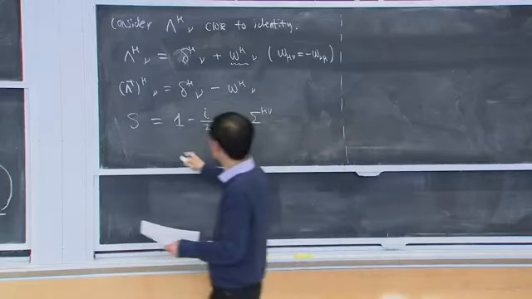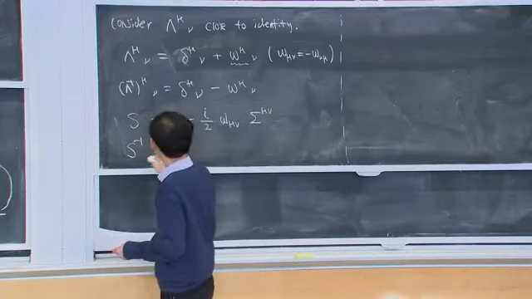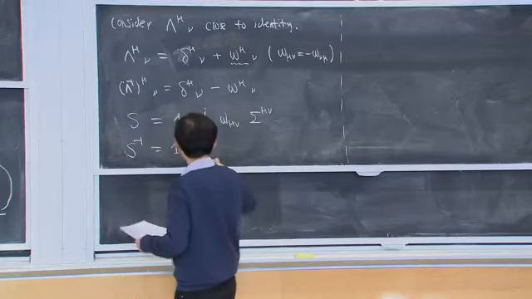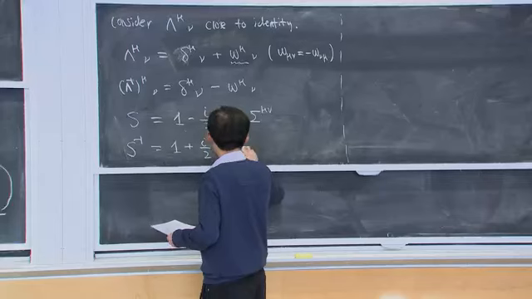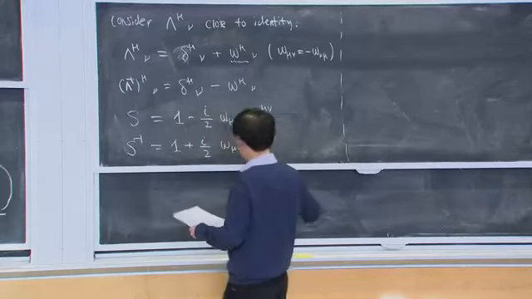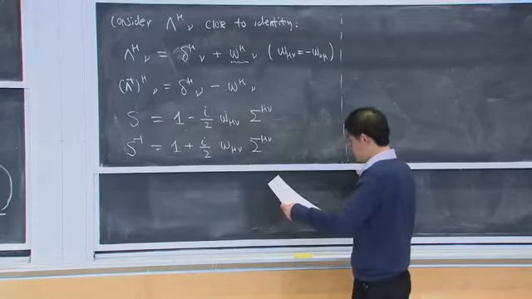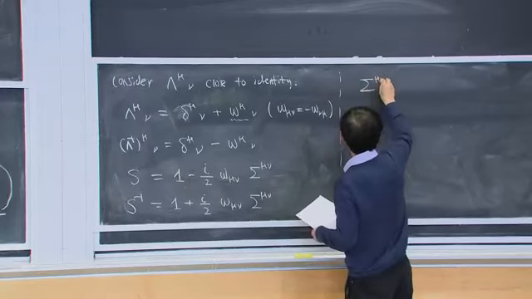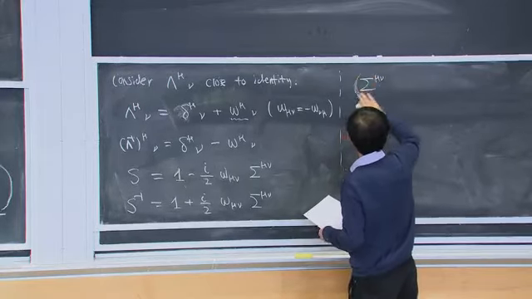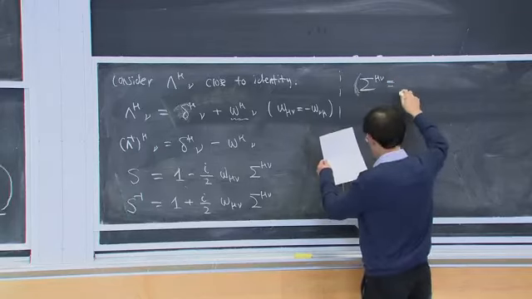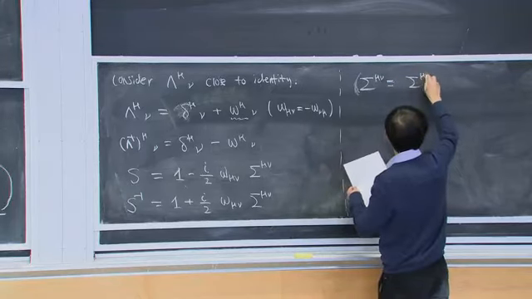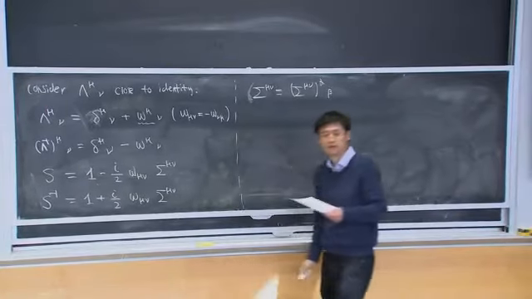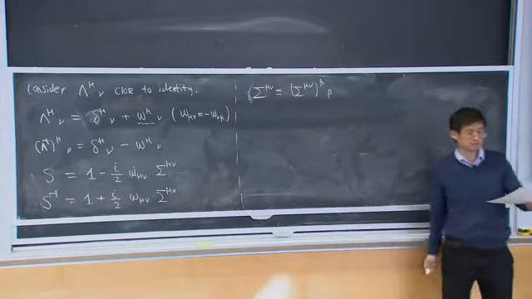Similarly, the inverse is corresponding; you change the sign here to leading order in omega. I emphasize each sigma mu nu is a matrix, to be understood as some matrix in this spinor space.